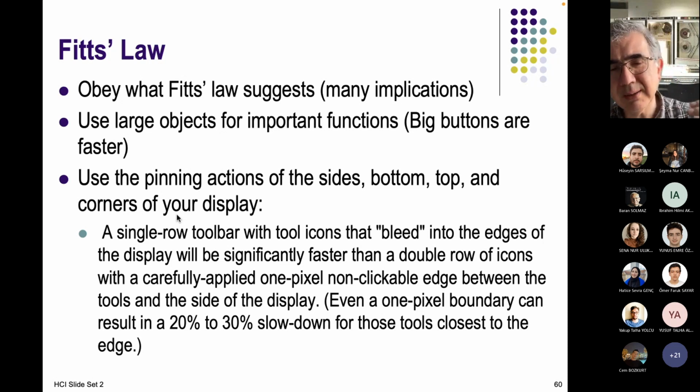So reaching should not be limited for frequently used actions. Otherwise, people have to pay attention, and that kind of paying attention, slowing down, moving precisely, slows you down. This is what Fitts' law tells us.